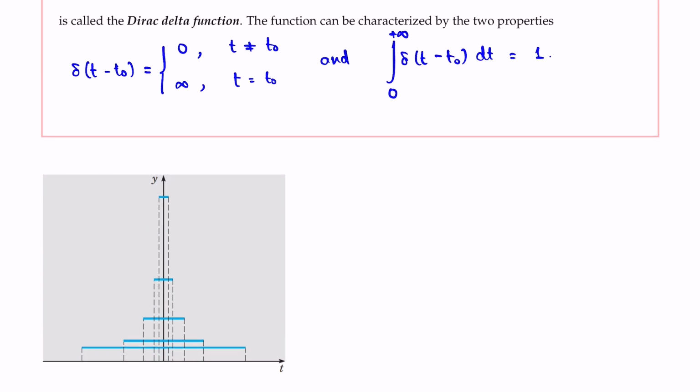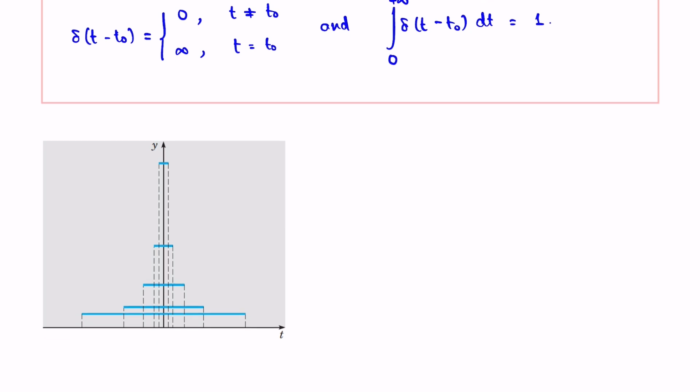So let's say this is t0 minus a, this is t0 plus a, and it gets smaller and smaller as a approaches 0. So you concentrate it at one location here, at t0, and the function shoots up to positive infinity at t equal to t0.